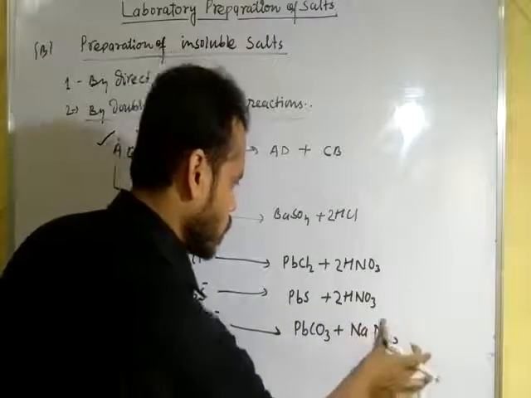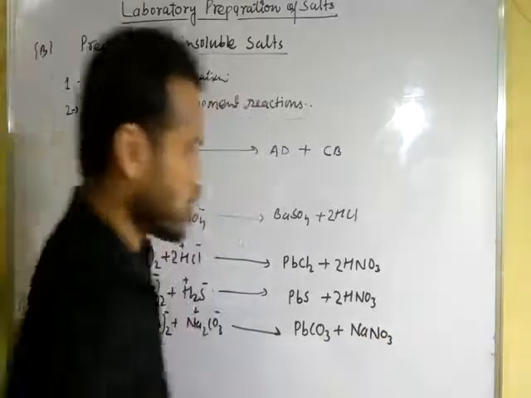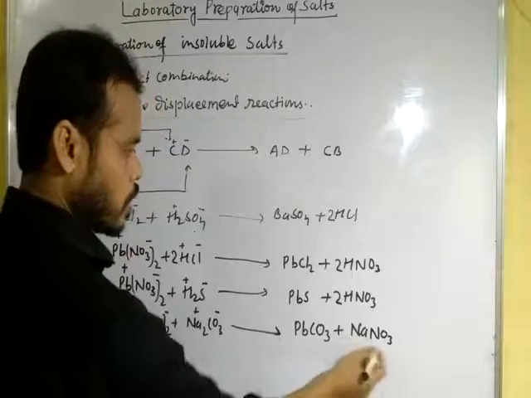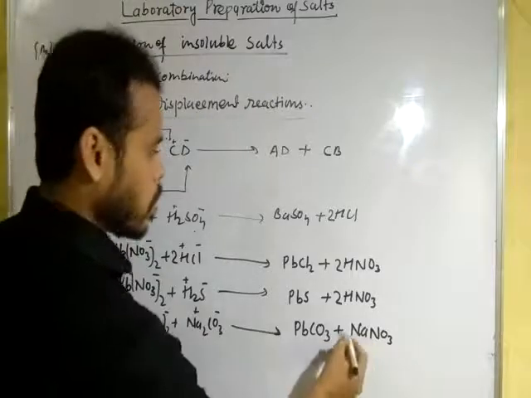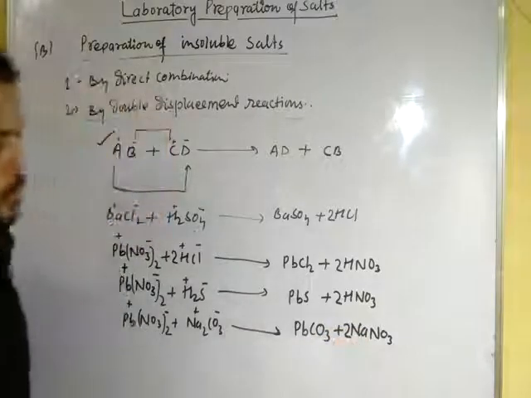The valency of sodium is 1 and the valency of nitrate is also 1, so the formula of sodium nitrate is NaNO3. To balance the sodium and nitrate, I multiply it by 2.